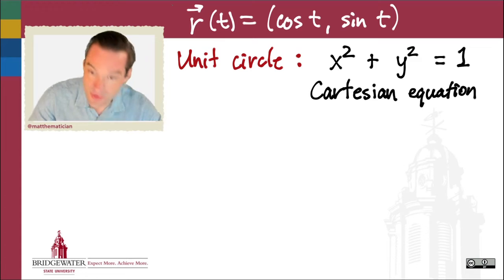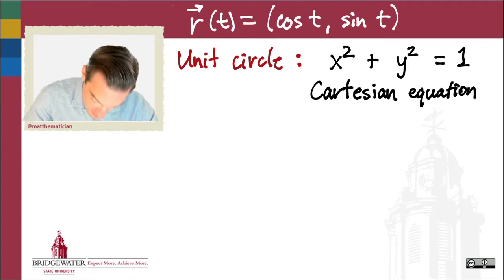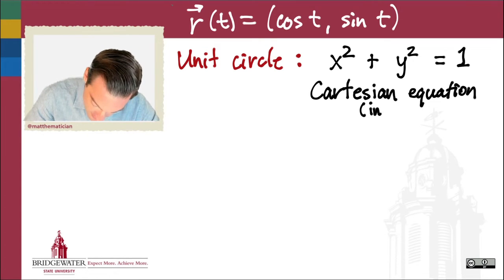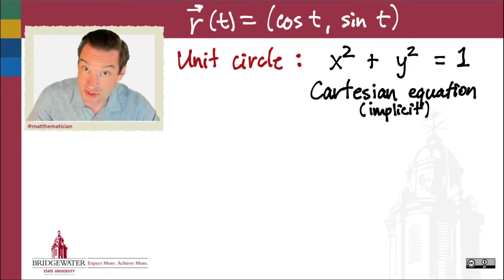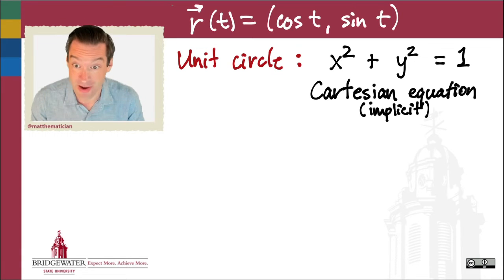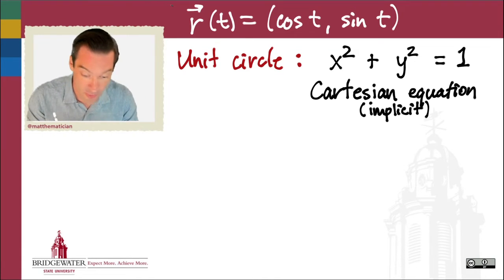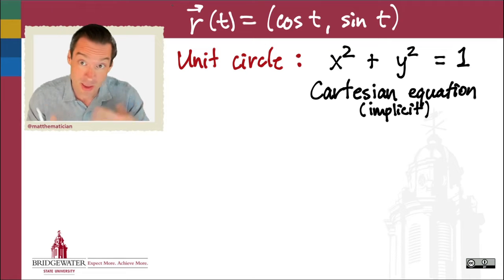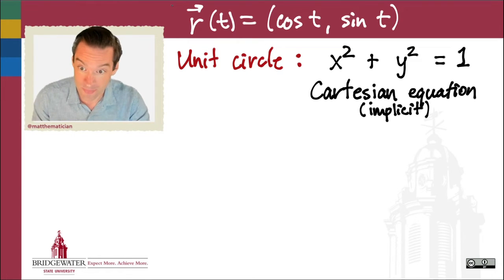So here are two different kinds of equations, right? A Cartesian equation, which is implicit. It doesn't tell me the coordinates of any points. It just tells me what relationship the x and the y components of those coordinates have to satisfy. As long as the x coordinate squared plus the y coordinate squared is equal to 1, that point will belong on the unit circle.